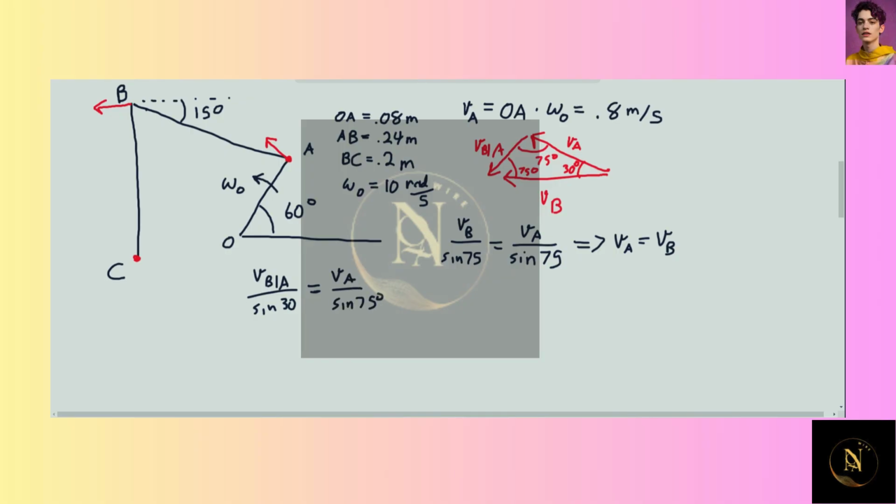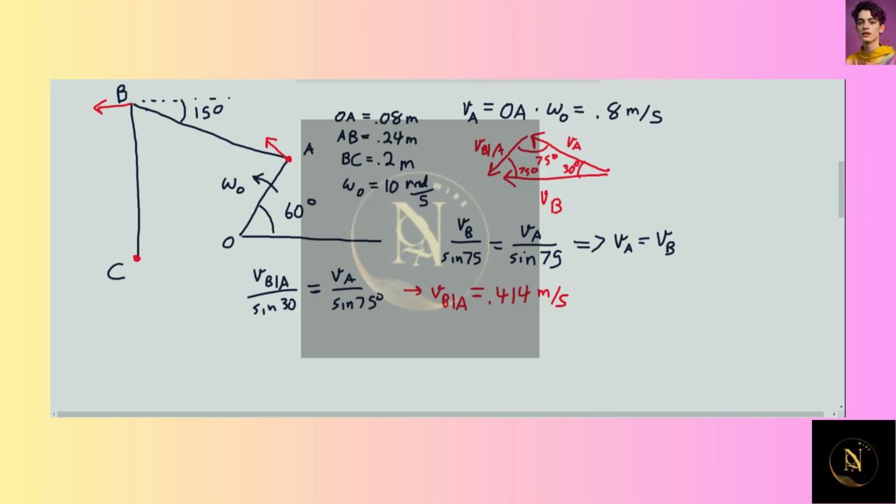When we solve for VB with respect to A, this gives us VB with respect to A is 0.414 meters per second.